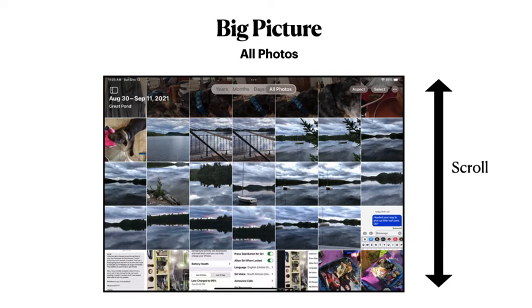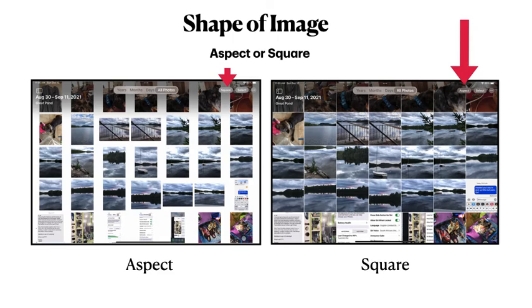So that's another way that you can narrow your search. You will see the word aspect or square, the shape of the image. Now, I don't use this very much, but you might find it helpful. When it's in aspect mode, the pictures are rectangular, and when you tap on the word so that a square appears, then they can appear as a square.